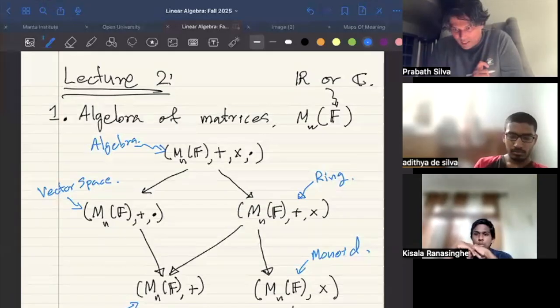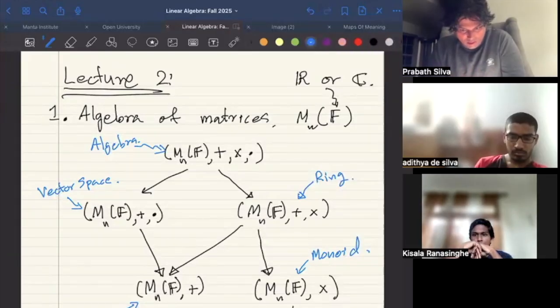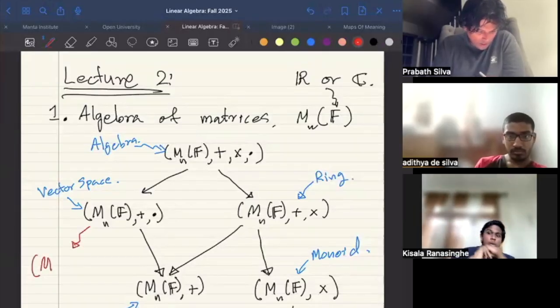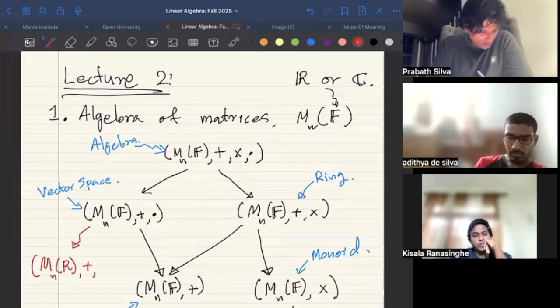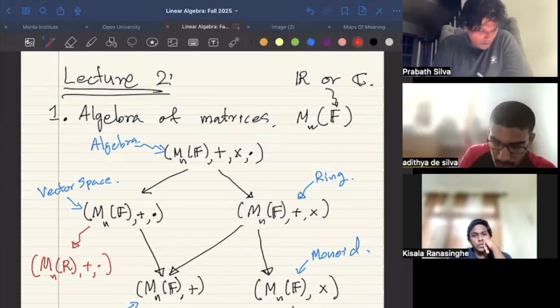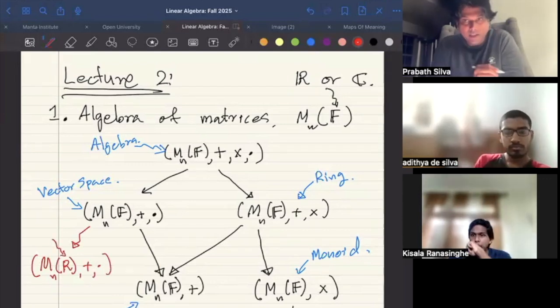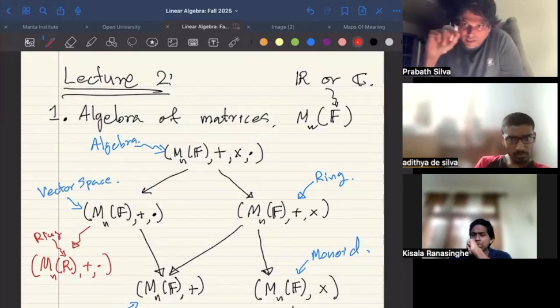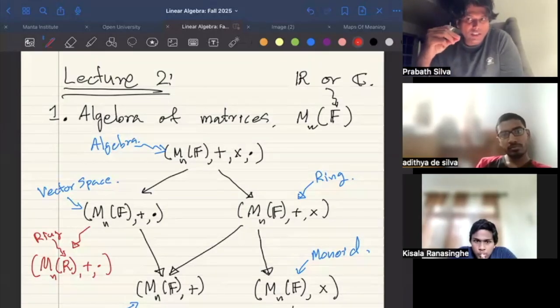And let me say a couple more things. In here there is something interesting. In here, we consider the case Mn, but instead of taking reals or complexes, we just take a ring R for the entries, and you'll be able to define addition.